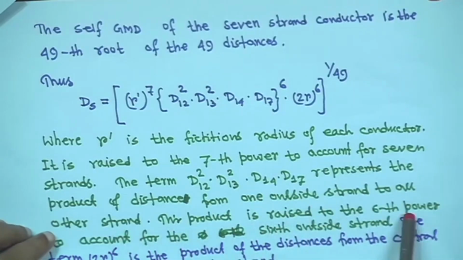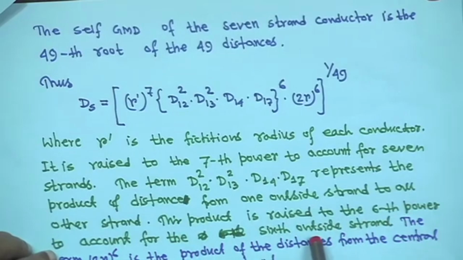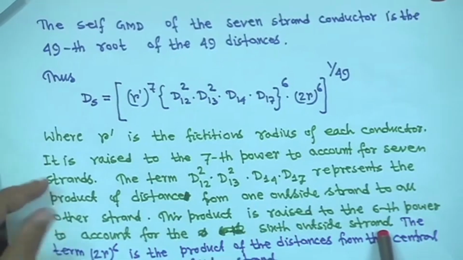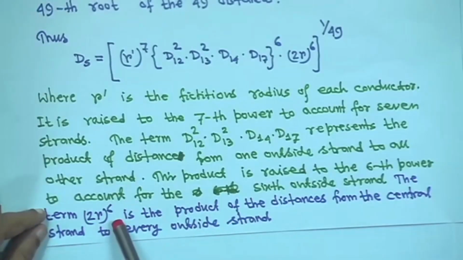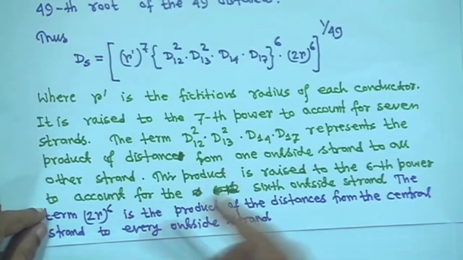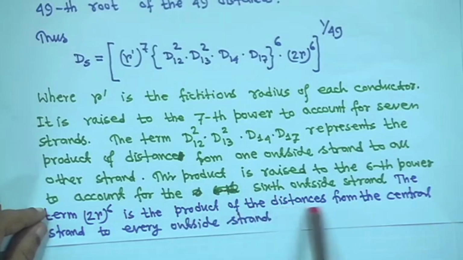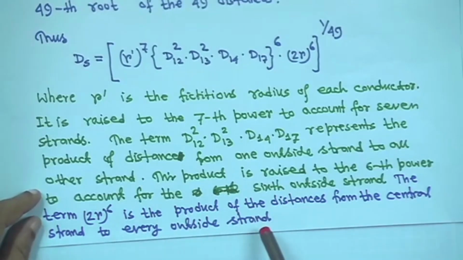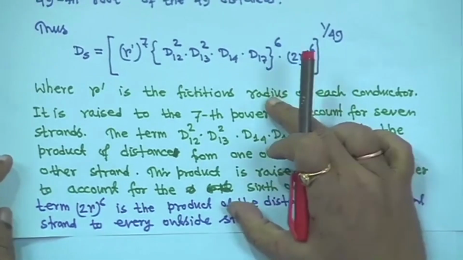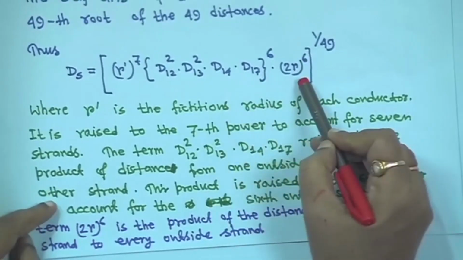This product is raised to 6th power to account for the 6 outside strands. This one also I explained, how I took it. Then the term 2r to the power 6, also from the central strand, I told you 6 times it will come, is the product of the distances from the central strand to every outside strand. This write up I have given and I have explained also how to get it, right.